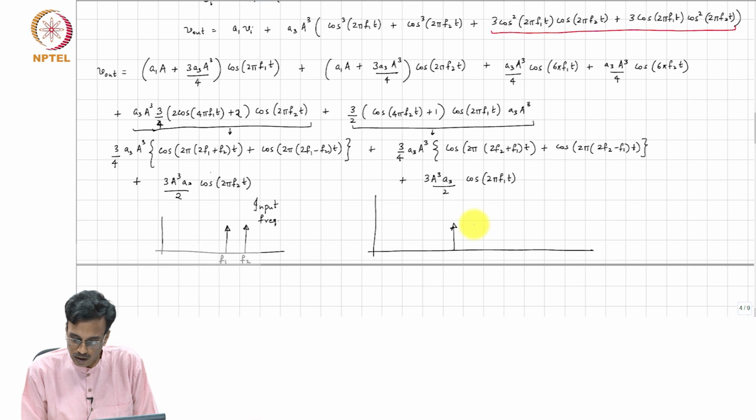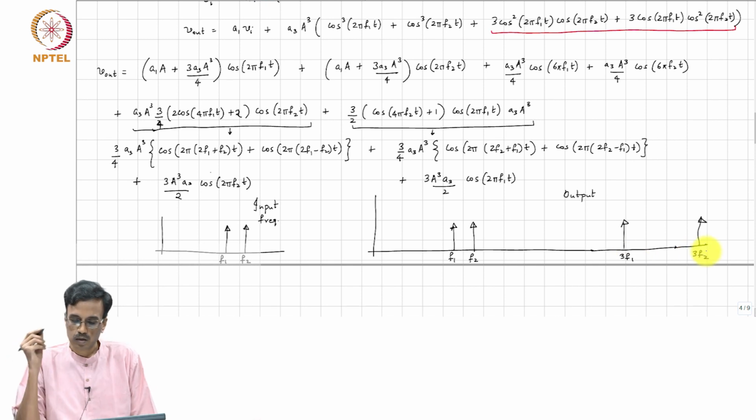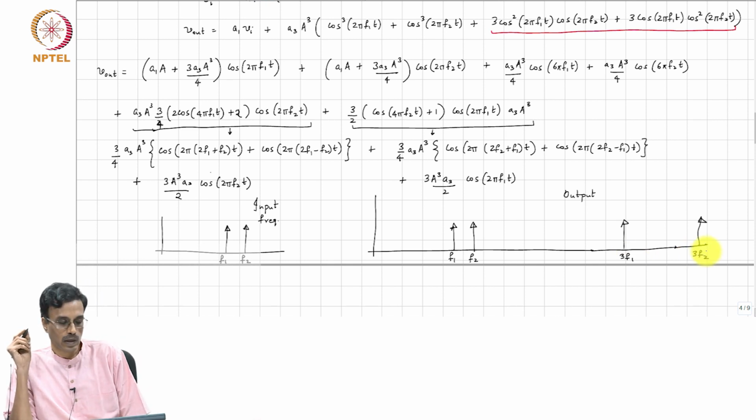So, there is f1, f2, there is harmonic distortion, which is basically 3 f1 and 3 f2.